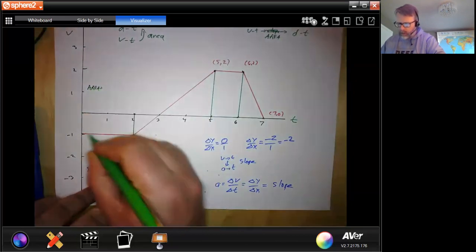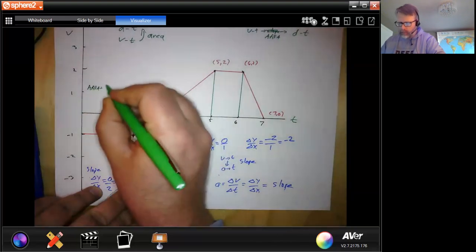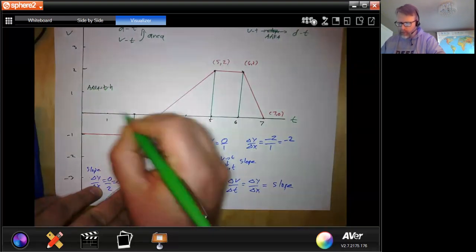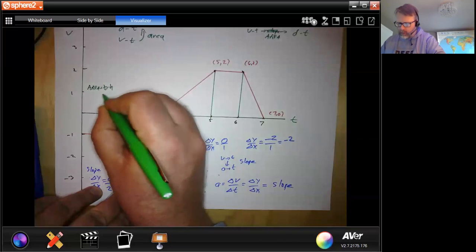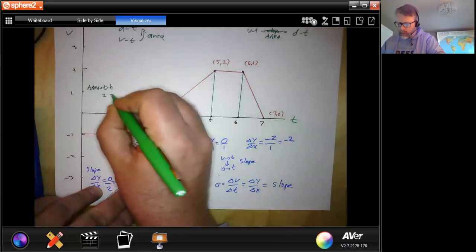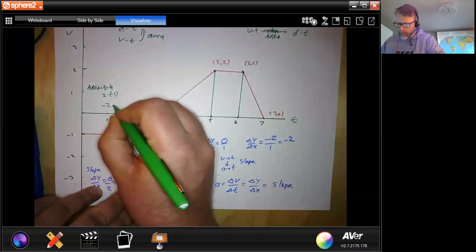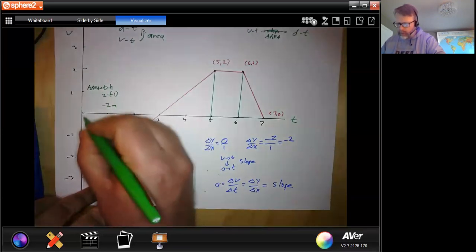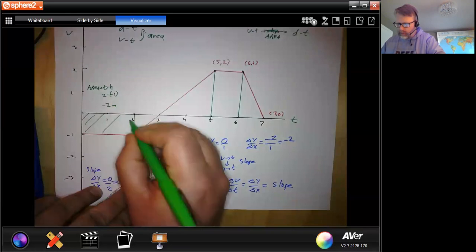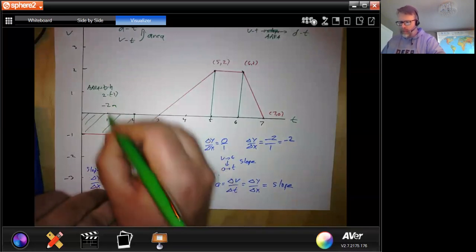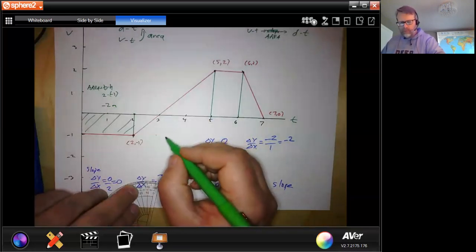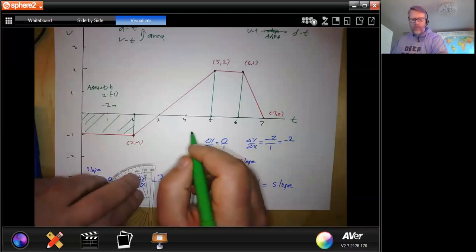is just going to be 2 times 1. I'm just going to do base times height because it's a rectangle. So it's going to be 2 times -1. So that's my first area. That is this area, is -2. All right.